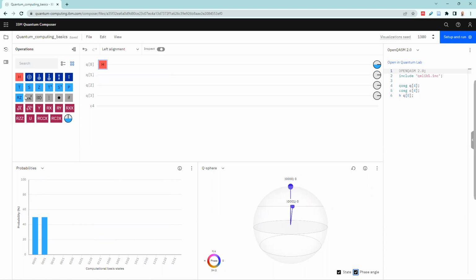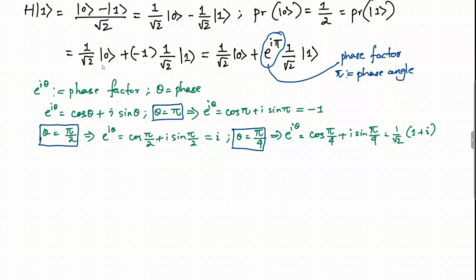Now we want to apply the Hadamard gate to state 1, but all the qubits are initialized in state 0 only. So we need to first make this state 1, and only then apply the Hadamard gate. This is where we should have a look at the X gate. I'm sure you would know about it already.